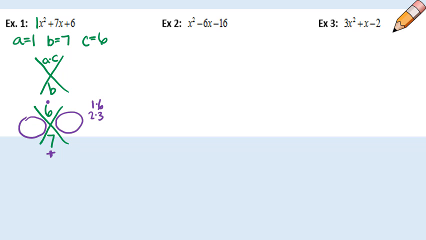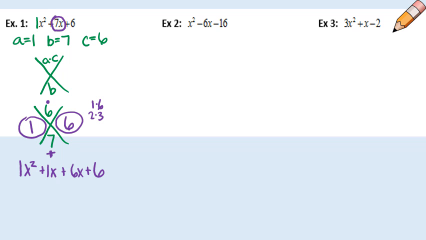Which one of those can add up to get 7? 1 and 6. Therefore, we are now going to take the middle term and separate that into the 2 new middle terms that I found. Instead of 7x, I now have a 1x and a 6x. So you can see all I did was break apart that 7 into 1 and 6.